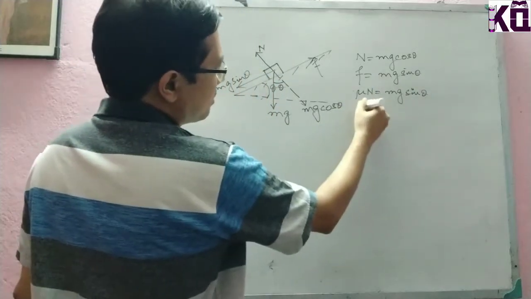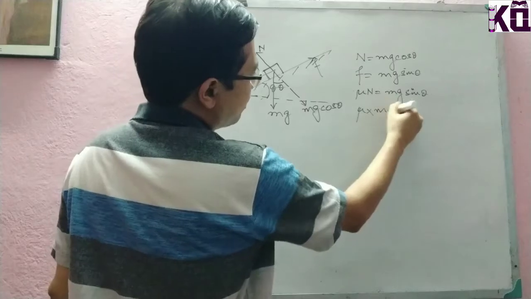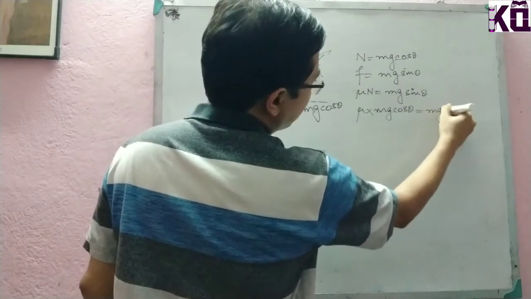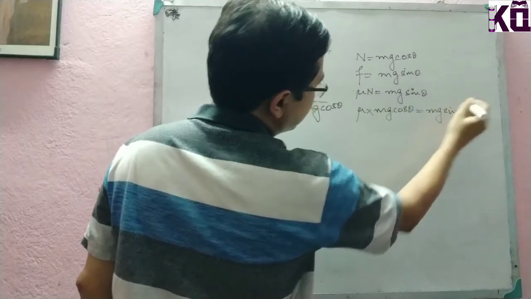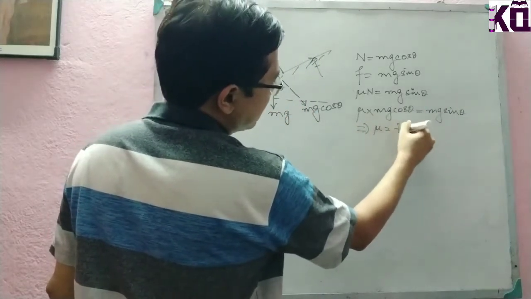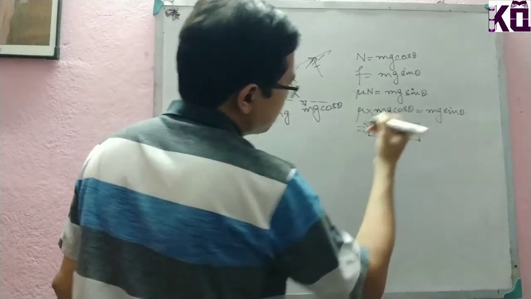Substituting n as mg cos theta, we get mu mg cos theta equals mg sin theta. From this, mu becomes tan theta.